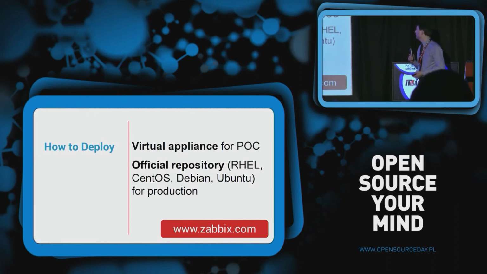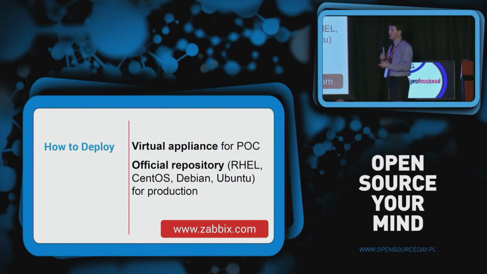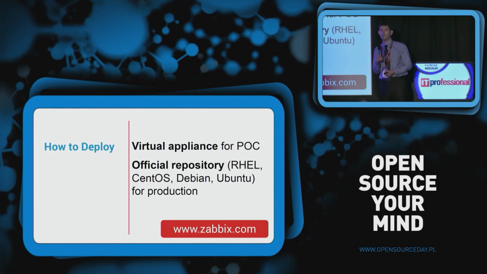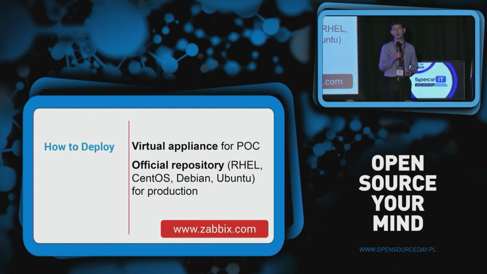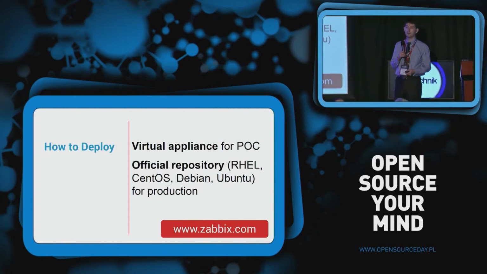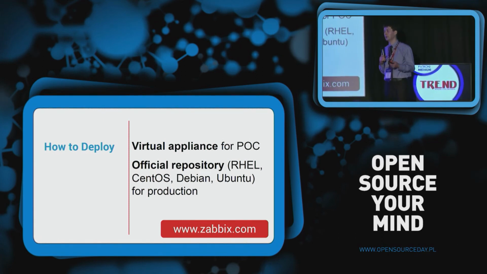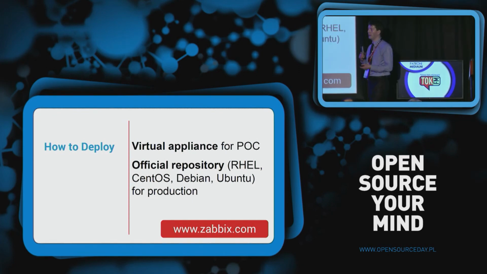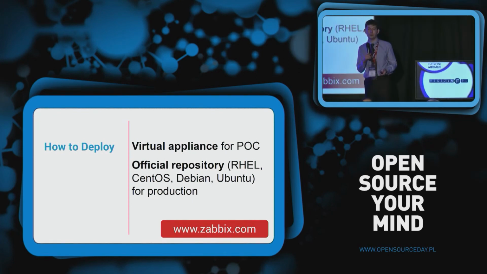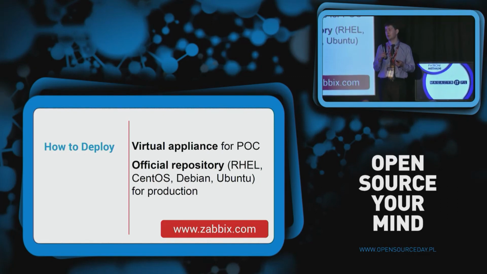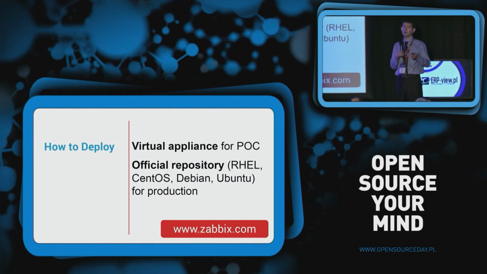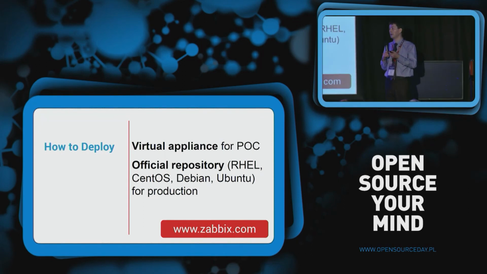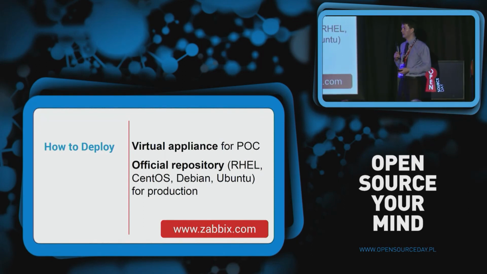In order to deploy Zabbix, you may go to our website, zabbix.com. For proof of concept, you may have a look at the virtual appliance that we provide for a number of platforms like Xen, KVM, VMware. We also have a live CD. It all comes with all Zabbix components pre-installed, so you just deploy it, you have a web front end, and you can start monitoring your devices.